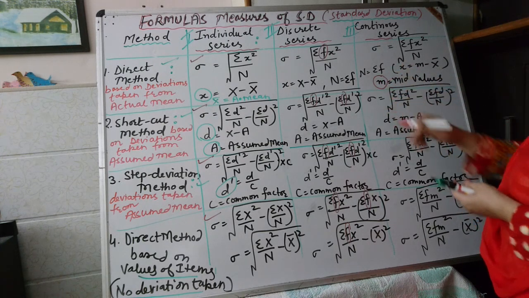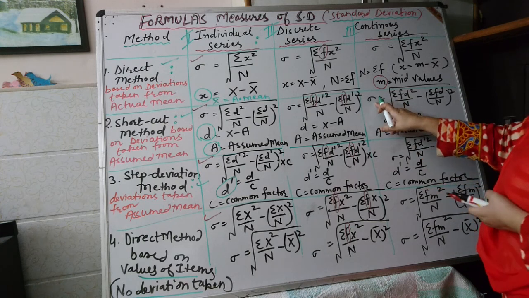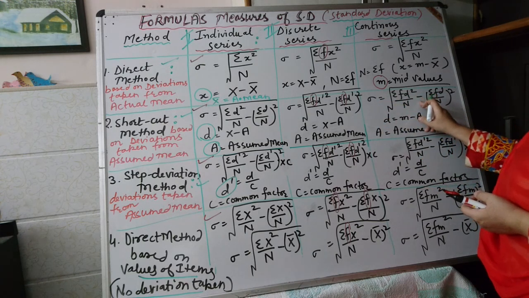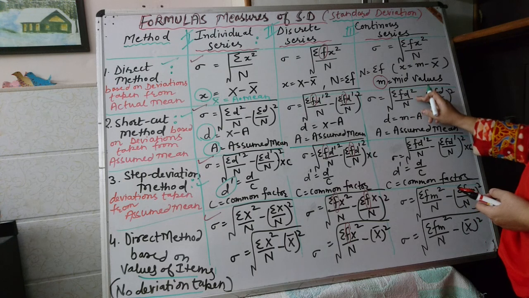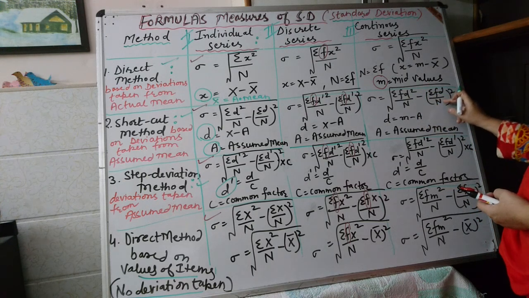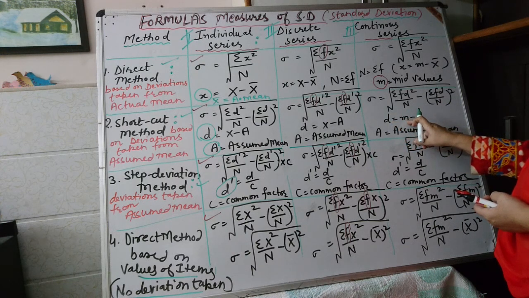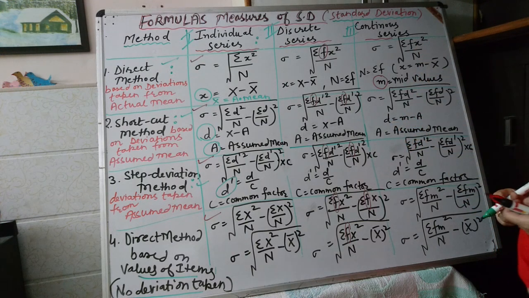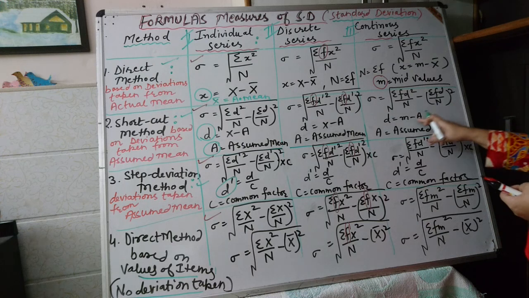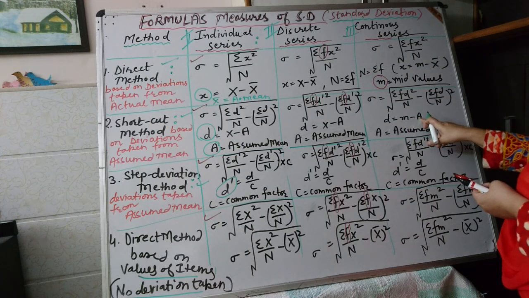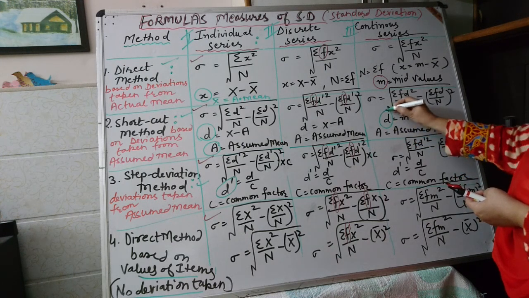Then in shortcut method, sigma fd square divided by n minus sigma fd divided by n whole square, whole under root. Here, because the series is continuous, we have to calculate mid values. Mid values minus arithmetic mean would be the values of d.